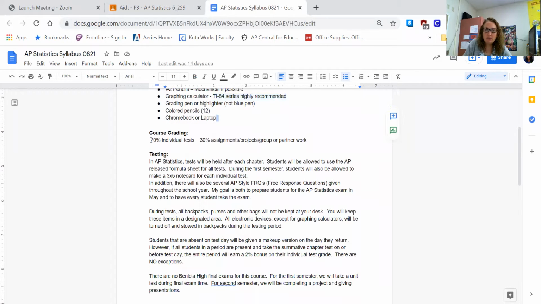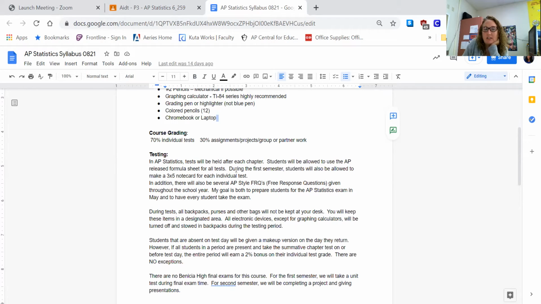So this is important. We base the grades 70% on tests, 30% on homework. And before COVID, it was 80-20, but we felt like we needed to give the kids a break this year because we're just coming back to school.